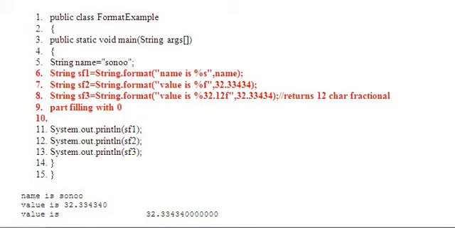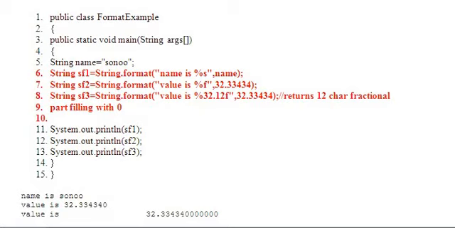Look at the outputs clearly. With %s you get the same string, whereas %f accepts 6 decimal places. After the dot it takes 6. Here we have 33434. Look at the output. After the dot we have 334340. The default number of decimal places is 6 with %f. Whereas look at the line number 8 output, %32.12f.